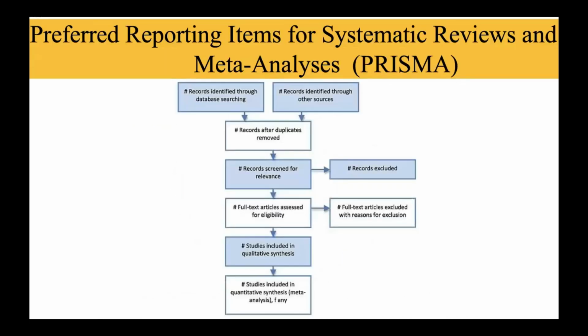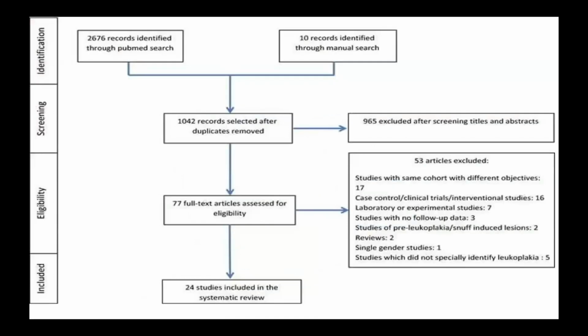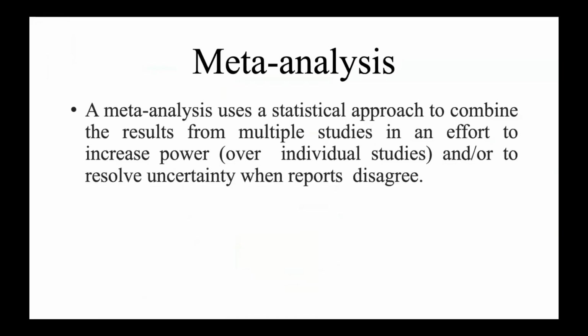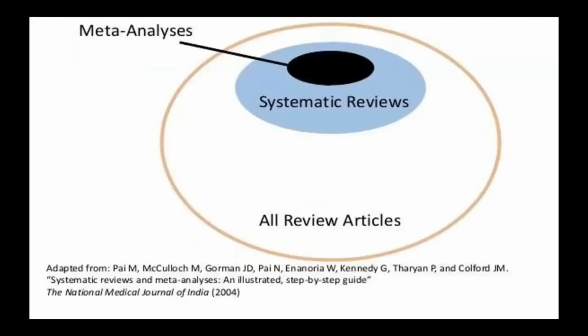Preferred Reporting Items for Systematic Reviews and Meta-Analyses. This is the table showing how you will collect and record the data and the calculation for this method. It is very cumbersome, this type of research. Meta-analysis, as I told you, differs in its calculations.